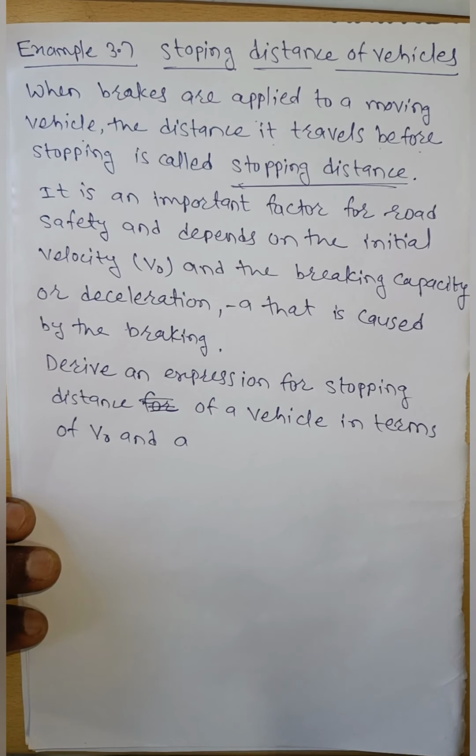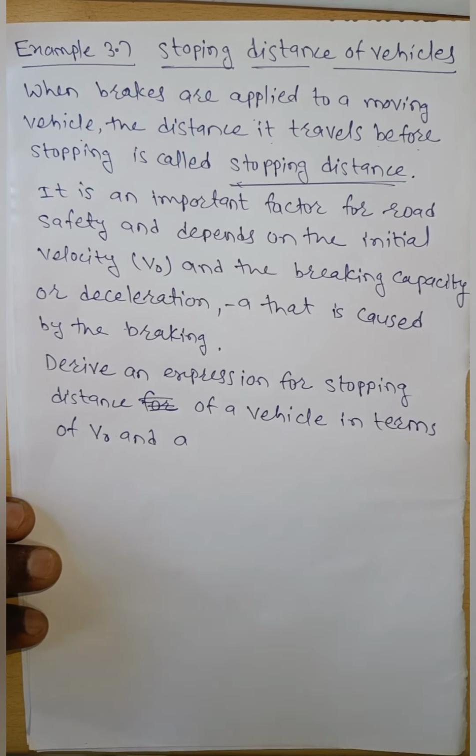When you suddenly apply a brake on a vehicle, it travels some distance before stopping. From the point where you start applying the brakes to the stopping point, that distance is known as the stopping distance.